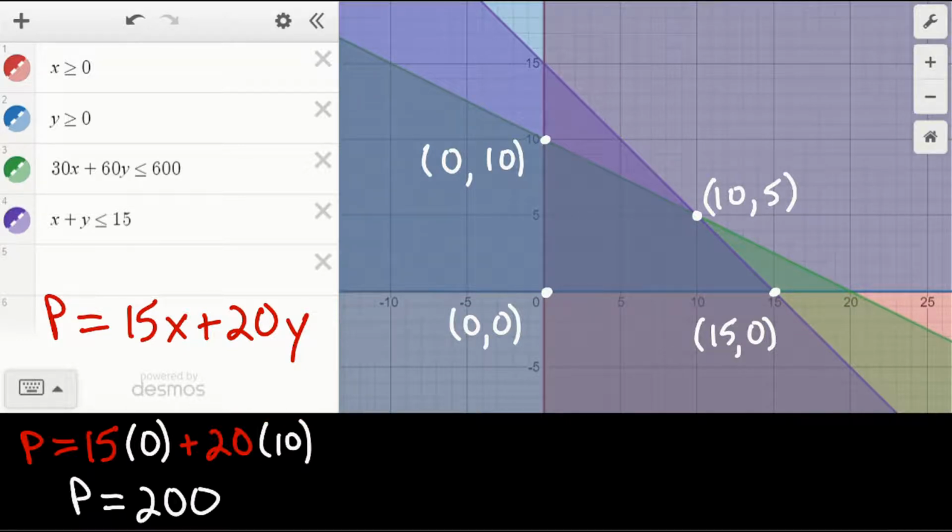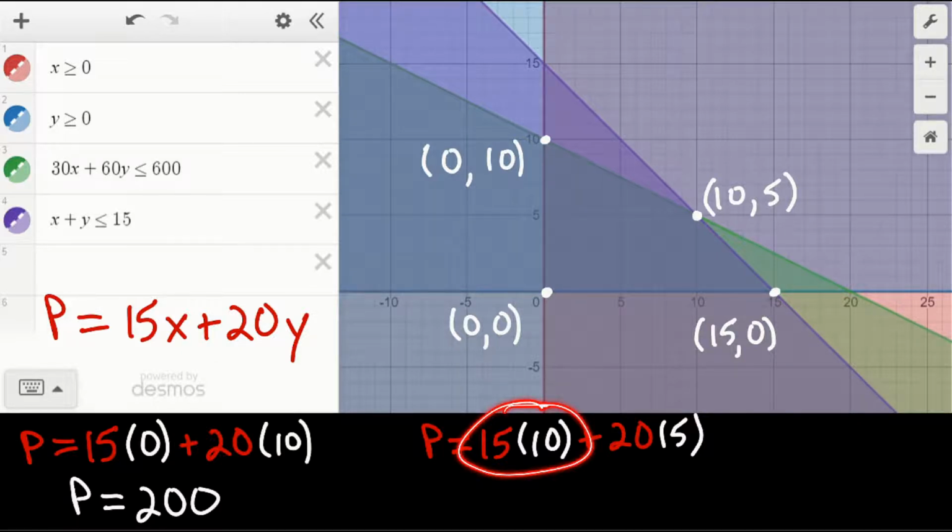And in the next one, we'll do 10, 5. So profit is equal to 15 times 10 plus 20 times 5. And in that one, 15 times 10 is 150. 20 times 5 is 100. So it's 250.